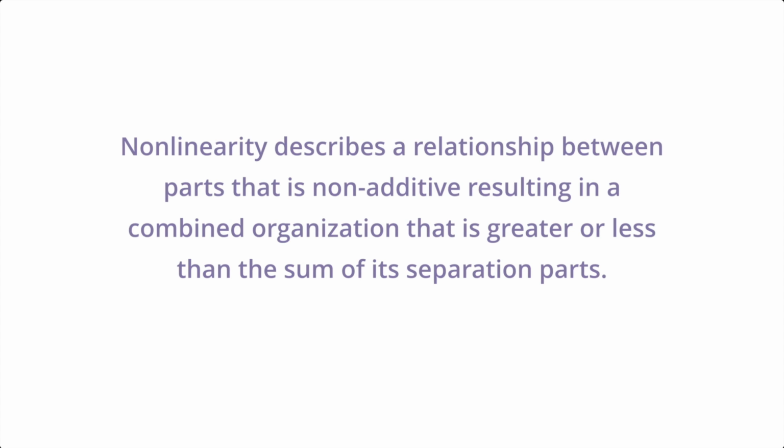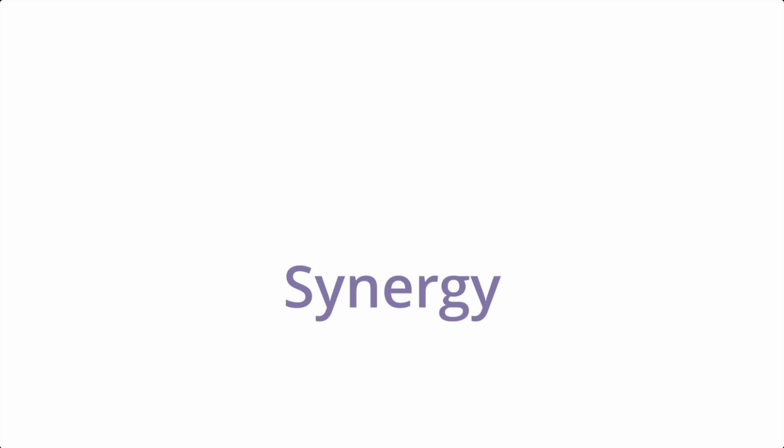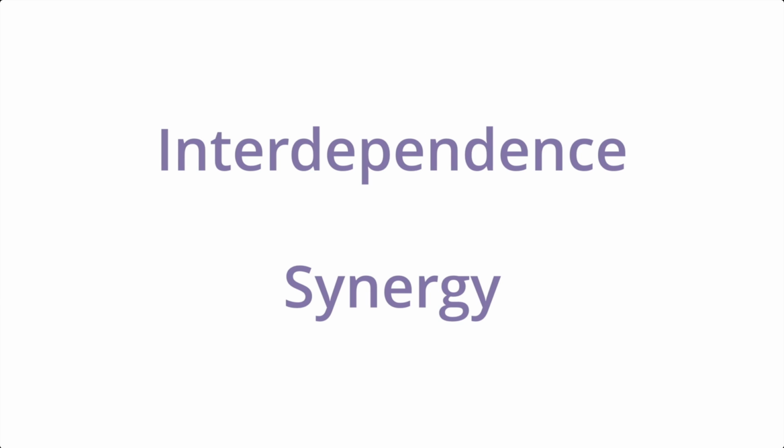It's that term in the middle, non-additivity, that the parts don't add up to the whole, that is central to nonlinearity. That comes back to this property of complex systems that we mentioned, interdependence. It's a very big idea in complex systems. A lot of this nonlinearity comes from the interdependence between the parts, and we call those interdependent synergies.